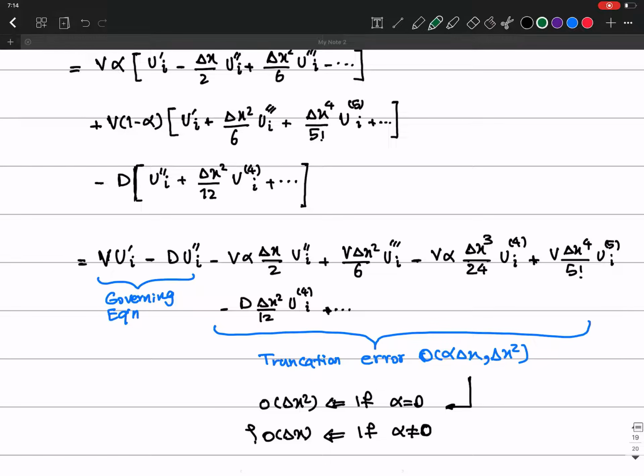Here, for example, this term is u triple prime i, so it's going to be v over d u prime i.